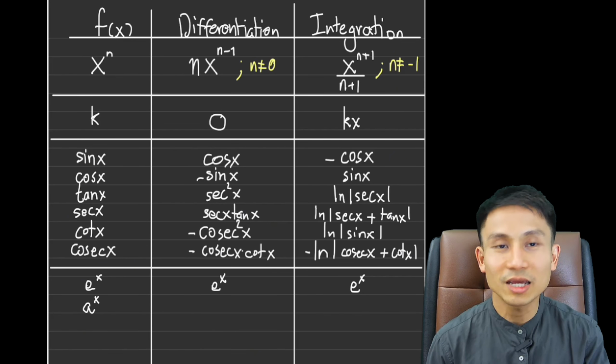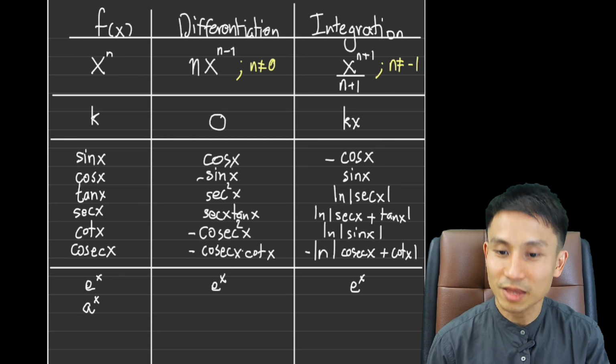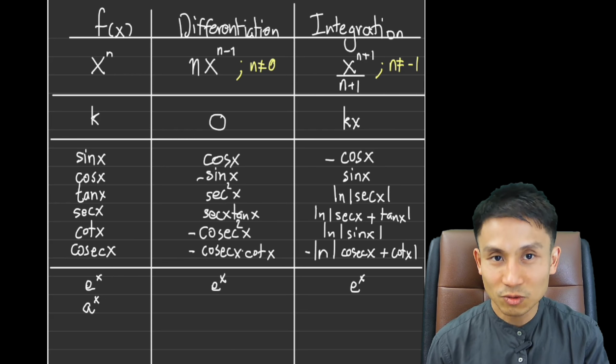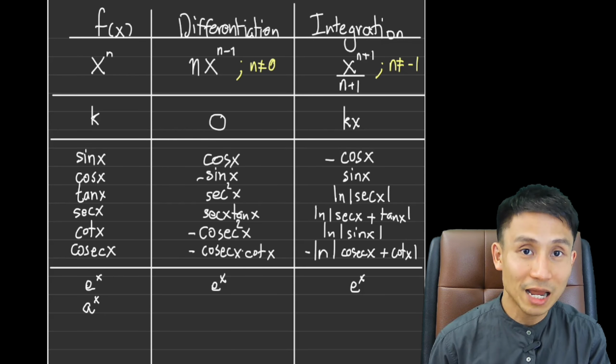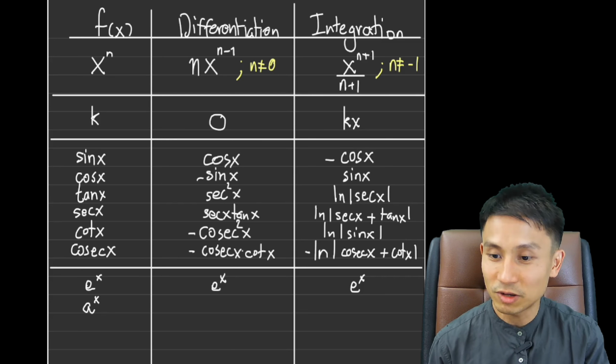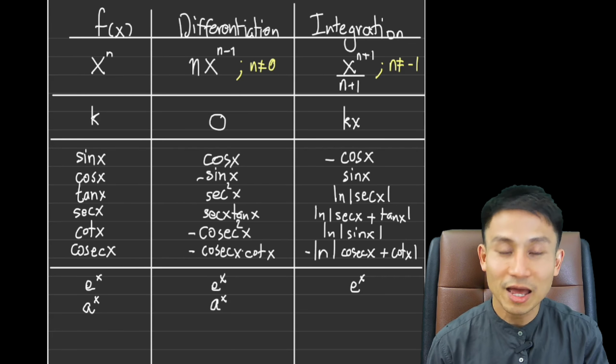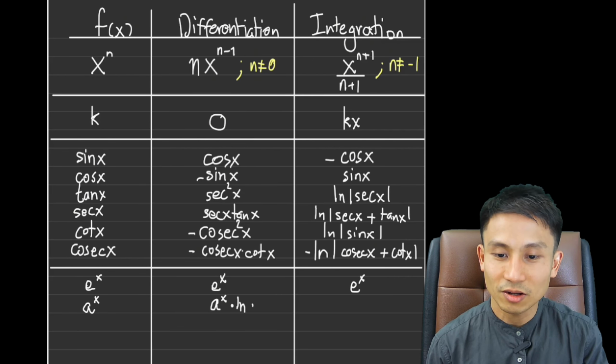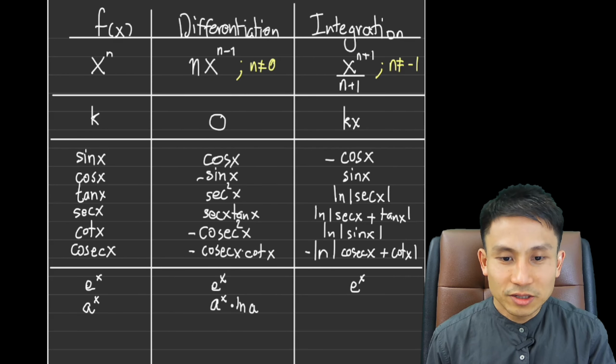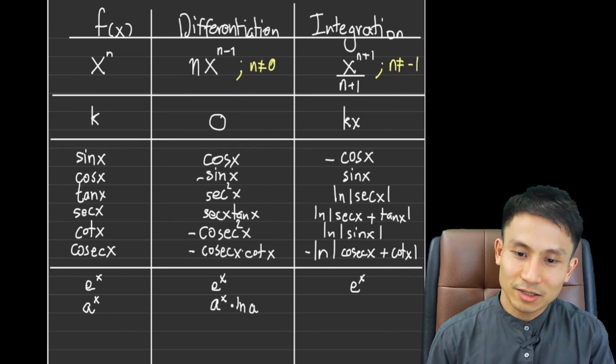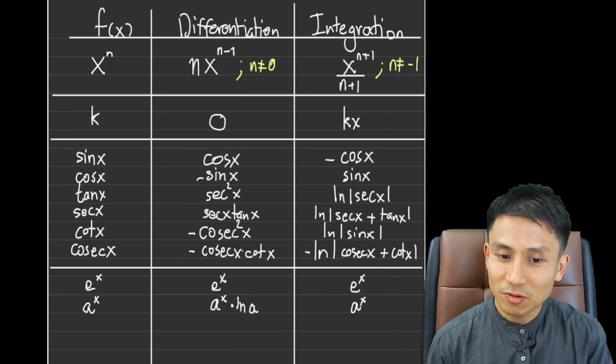When you differentiate e to the power of x, you get the same thing. The base and the power stay the same. And there is some similarity here that we can use when we differentiate a to the power of x, which is, again, we get a to the power of x, but we need to multiply that by a natural log of a. And what about integration? If you integrate a to the power of x, you also get a to the power of x.